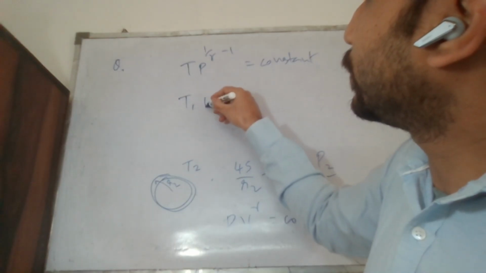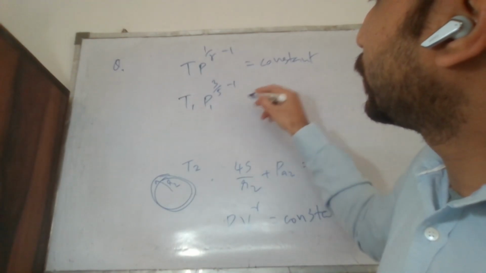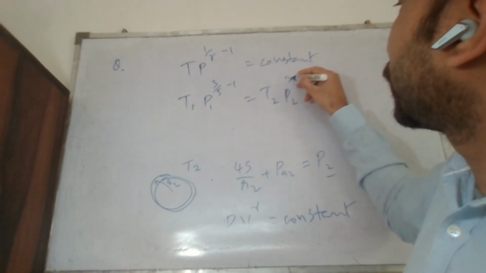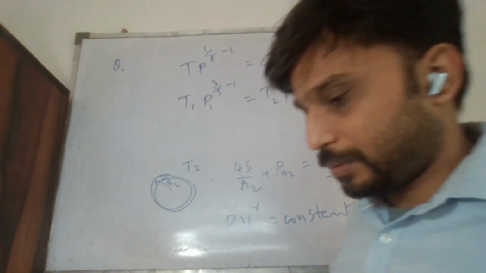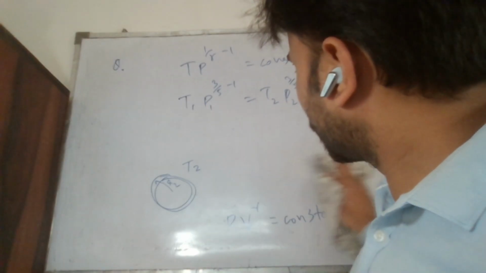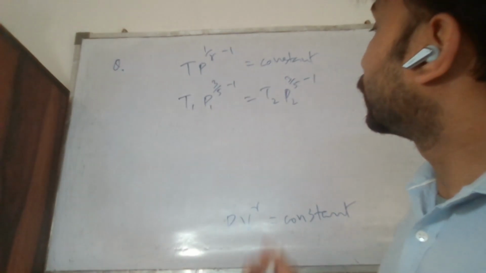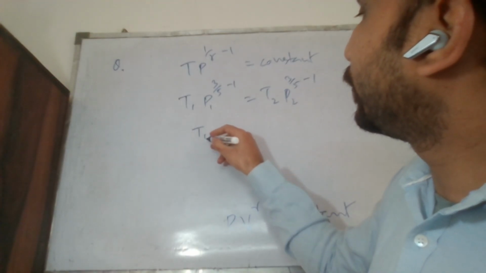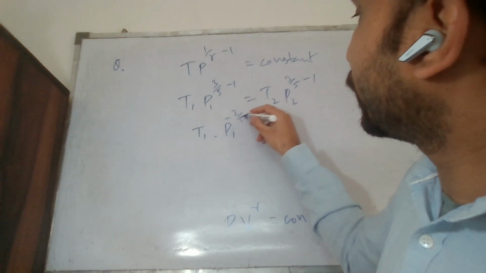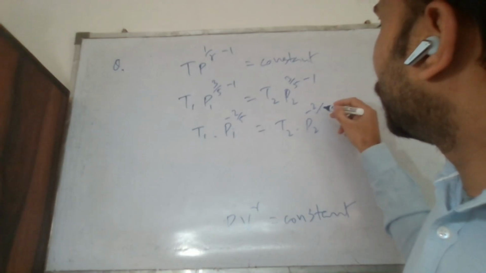So this is T1 P1 to the power 3 by 5 minus 1 is equal to T2 P2 to the power 3 by 5 minus 1. So this value T1 into P1 to the power minus 2 by 5 is equal to T2 P2 to the power minus 2 upon 5.